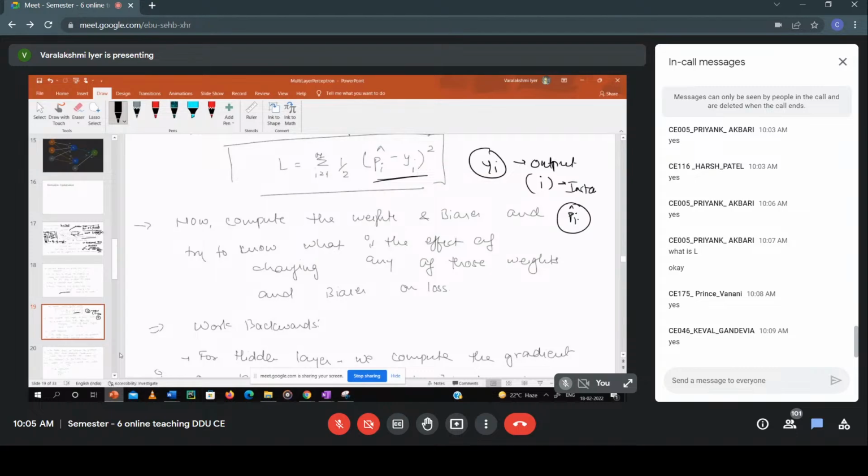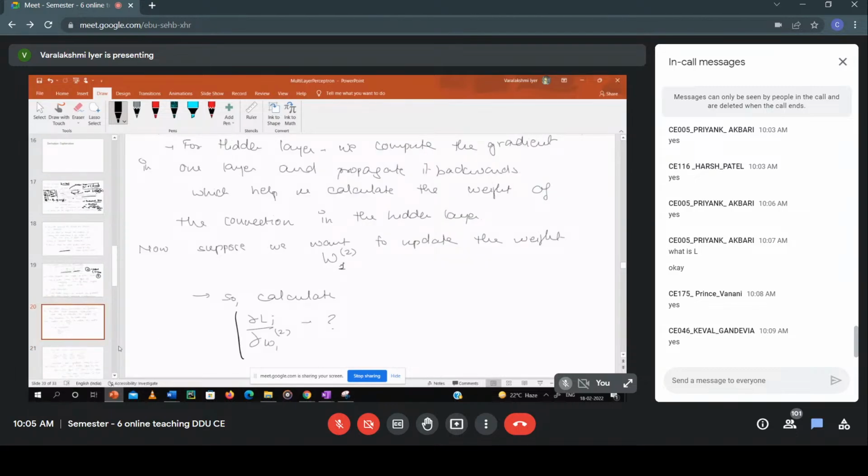We have defined the loss function as a summation over all the training samples, i equals 1 to n. Now, let us go through the derivation where we are trying to calculate del Li upon del w12. This is the value that we want to estimate.